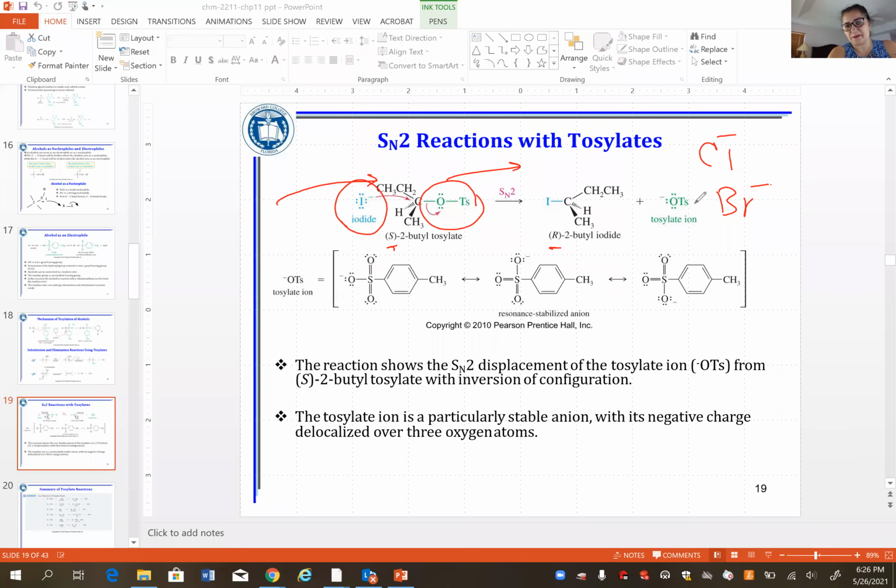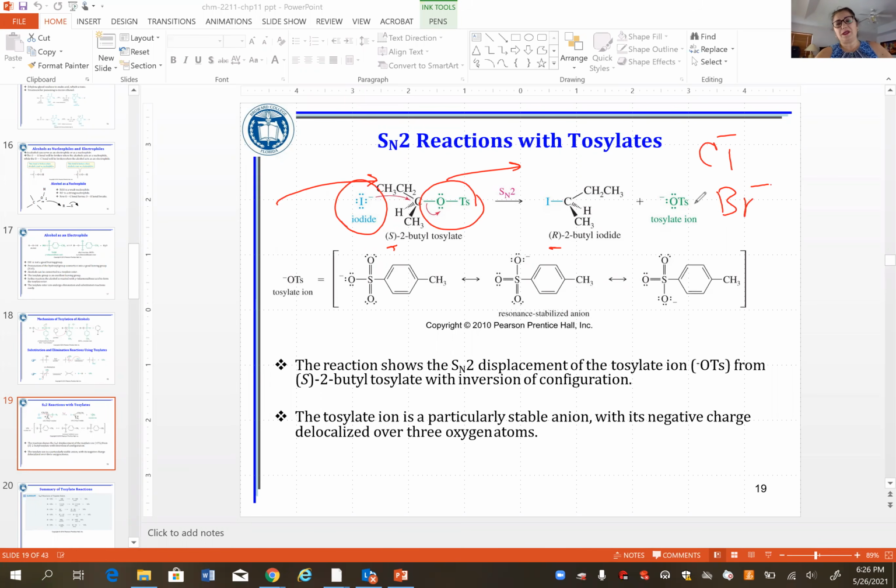Can you tell me which one is the better leaving group? Br, thank you. The size of the Br is good because it is going to handle that negative charge better. So it makes Br a better leaving group.